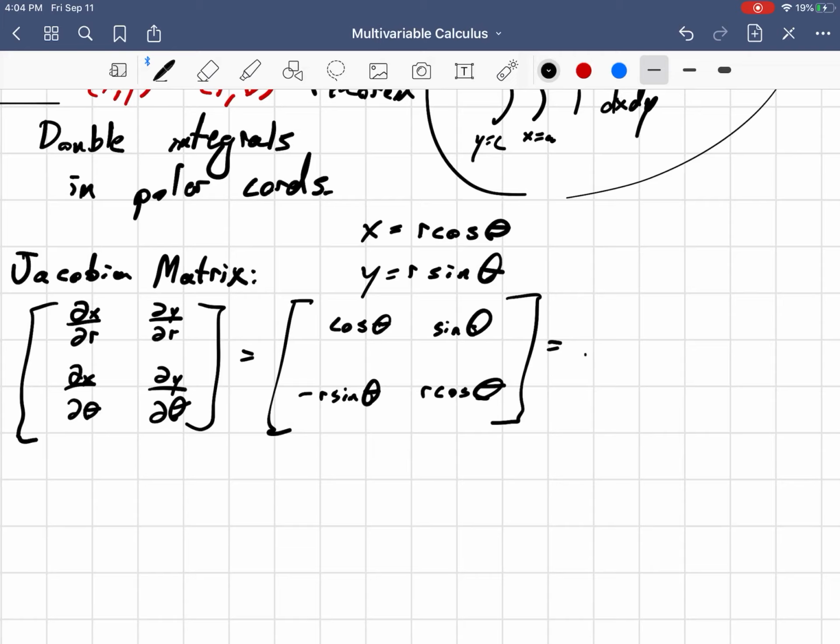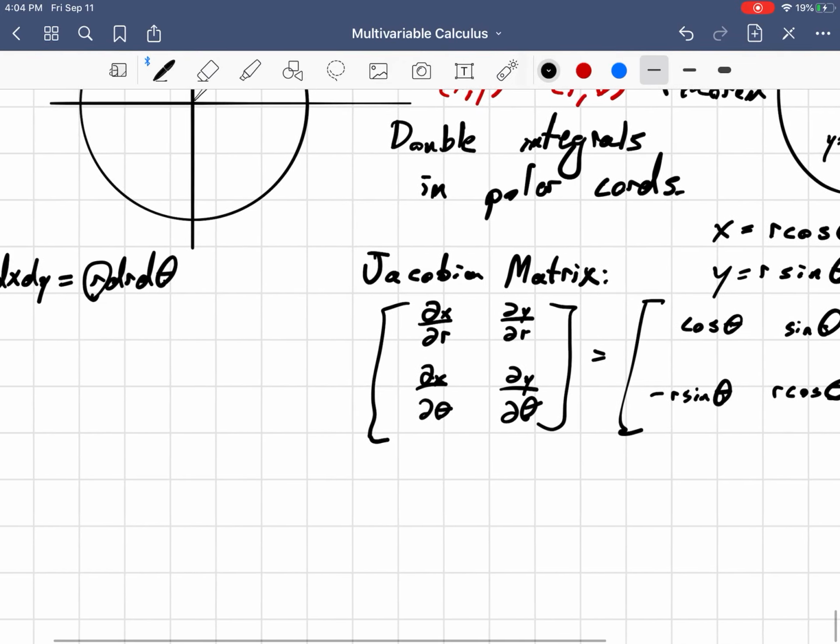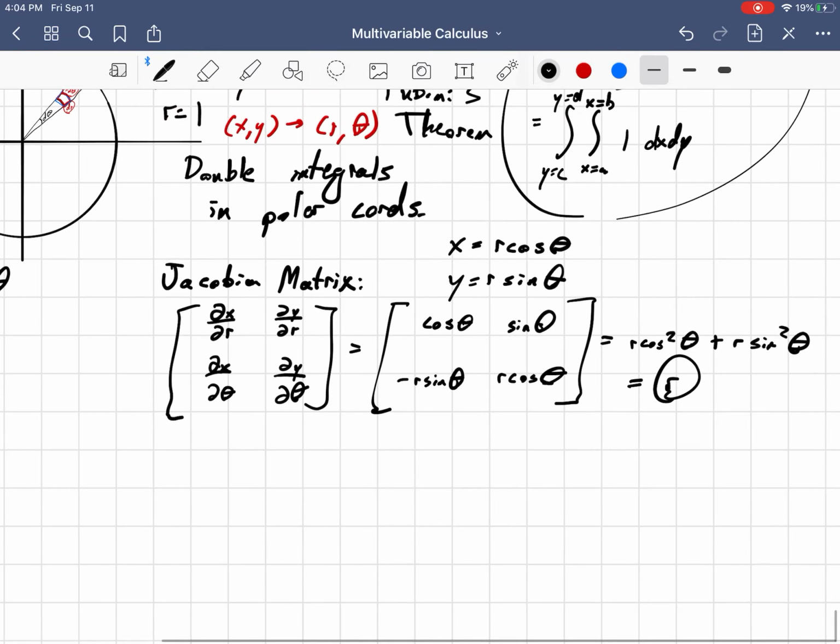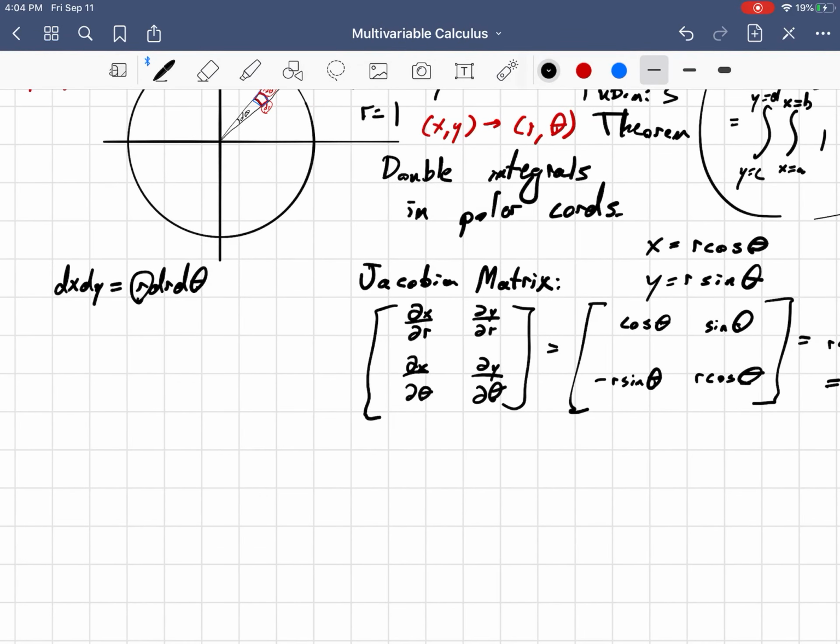Now the determinant of this matrix is r cosine squared theta minus negative r sine squared theta, or plus r sine squared theta. And that is just r. So that's another way to think about where this r comes from.